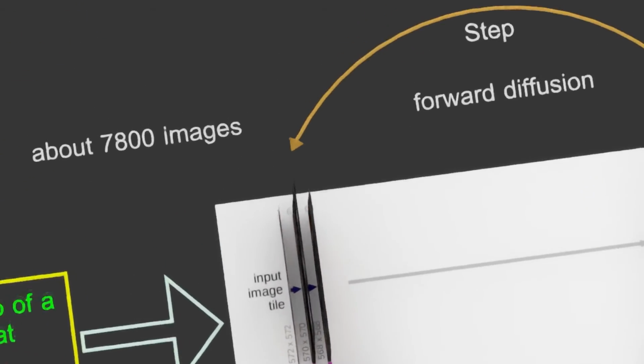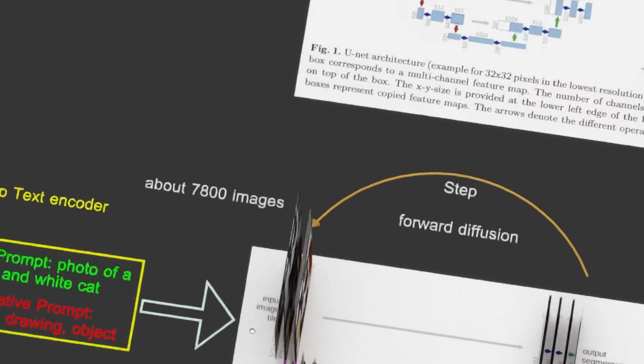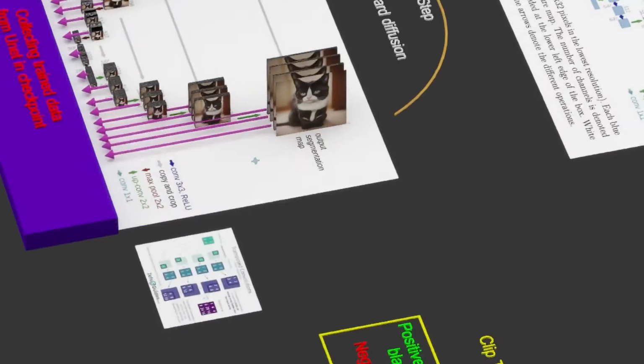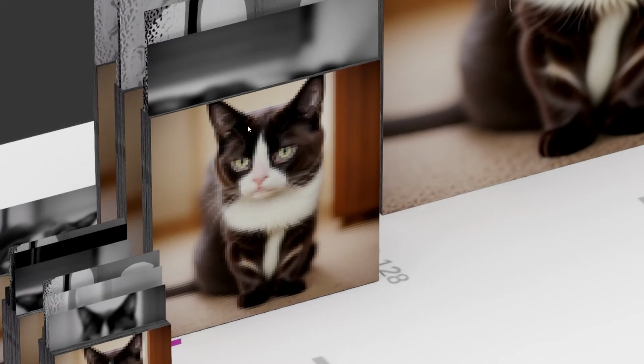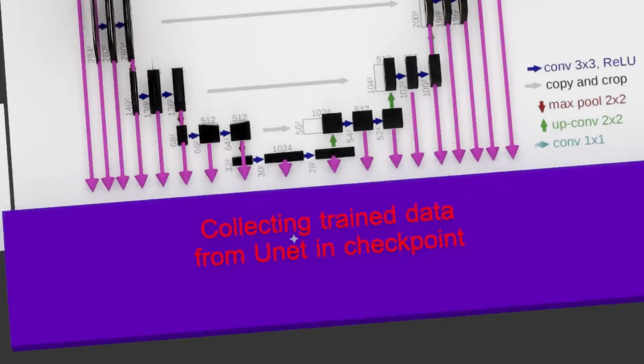So in total, if you calculate the number of images and layers, you can see that each image will convert into 7,800 other images with different resolutions, and for all of them it's trying to do the convolution and other processing, and all this information will be stored in your checkpoint.